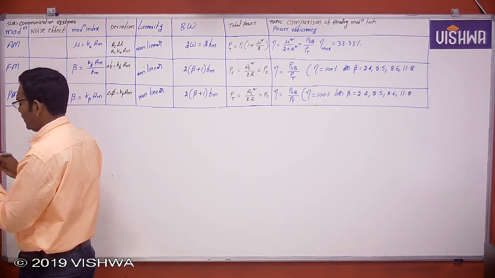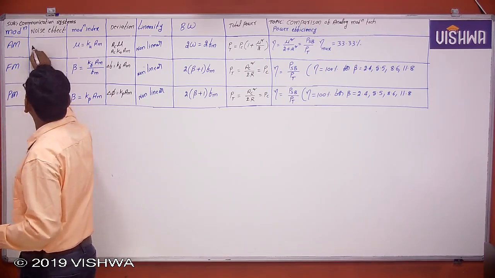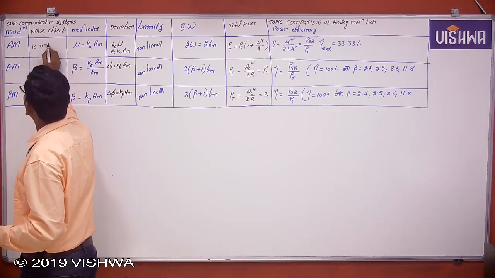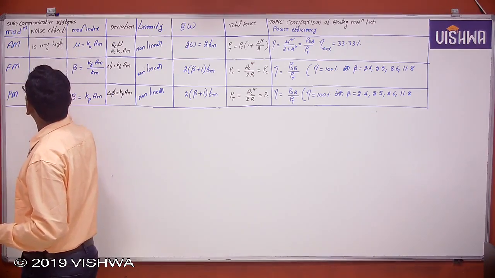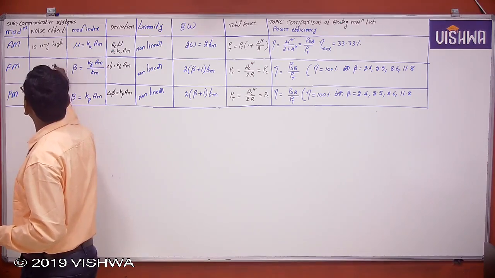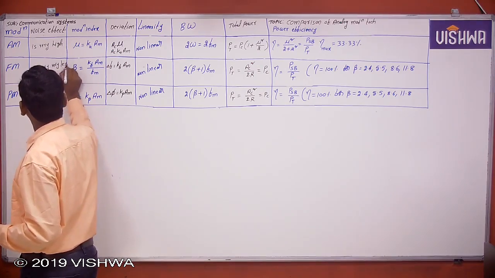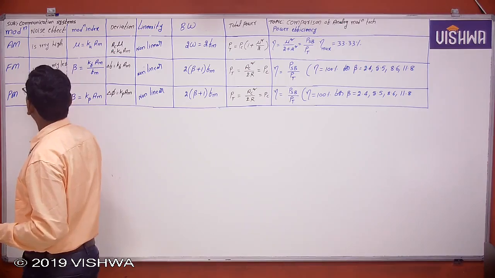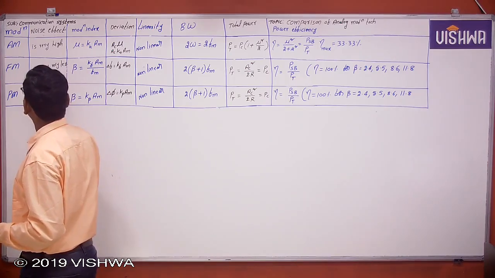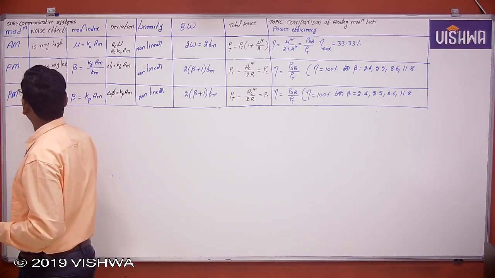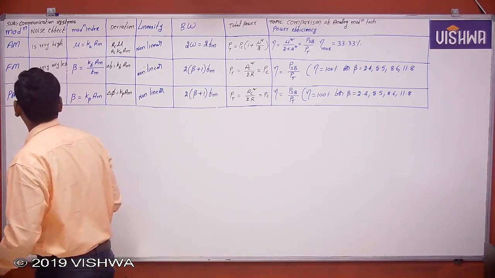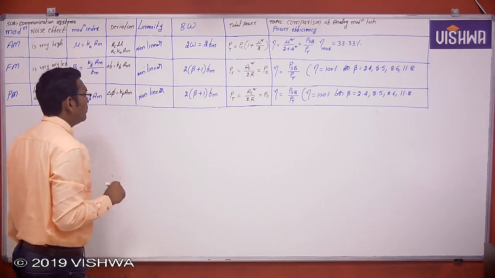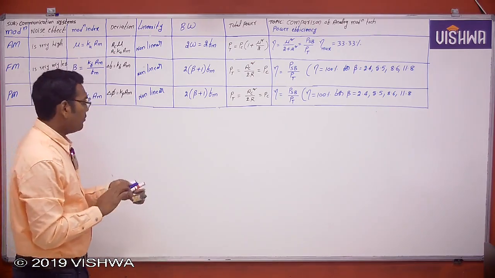Effect of noise in AM is very high, in FM it is very less, compared with AM. So anyway, I just give the idea about how to find that.